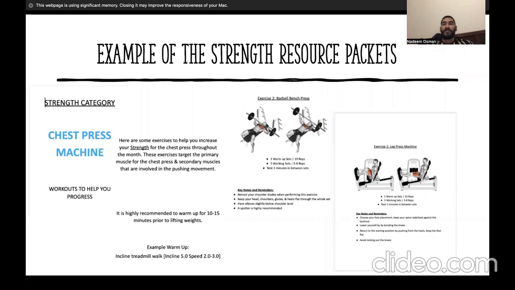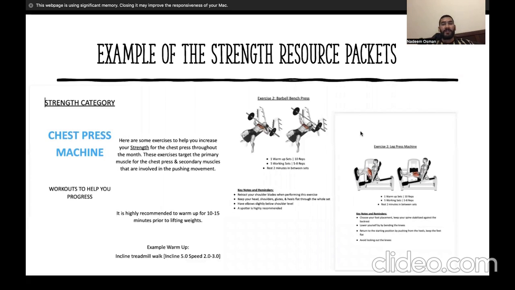The sets and reps all come from a recommendation from an article that I got. I want to make sure they are getting the proper program to get better in their challenges. There's keynotes and reminders, as you can see at the bottom, to make sure they have good form in performing the exercise properly.